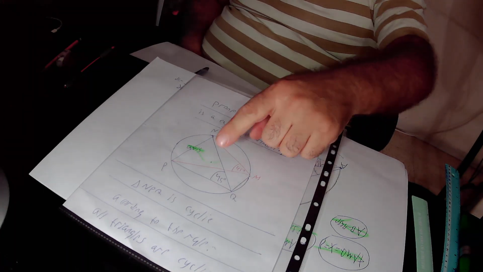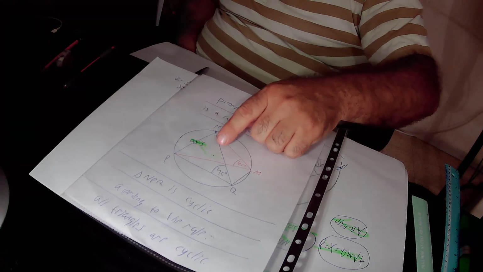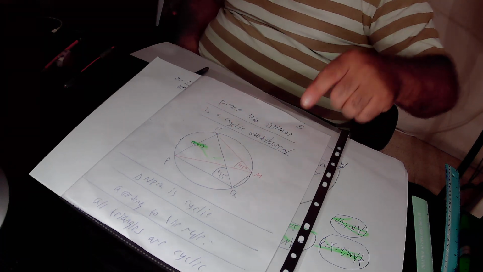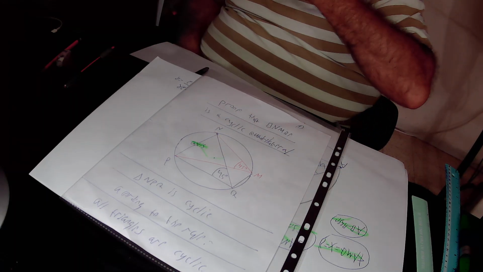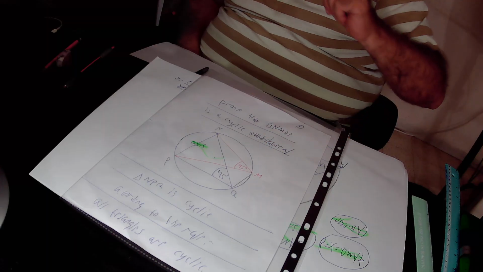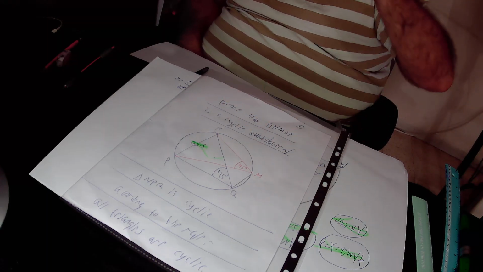Why? Because if angle PMN is outside this circle, it must touch chord PN. And if angle PMN is outside this circle, it will be less than 45 degrees. So it is impossible that angle PMN is outside this circle.